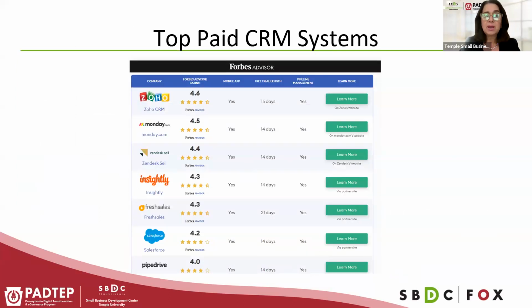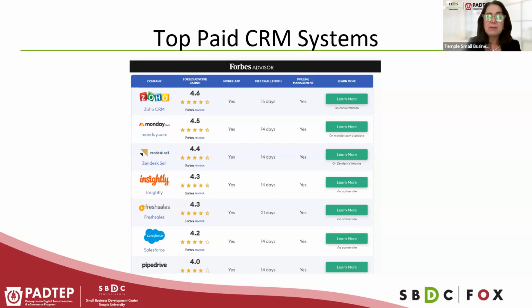So here's some of the top systems. Now, this is from Forbes from about a month ago. Things change very quickly, but these are some of the top ones that Forbes is advising for small businesses. Zoho is at the top, and you can have a free 15-day trial.